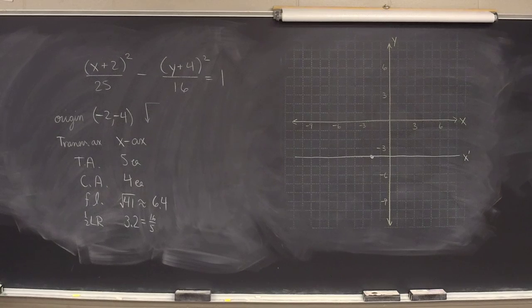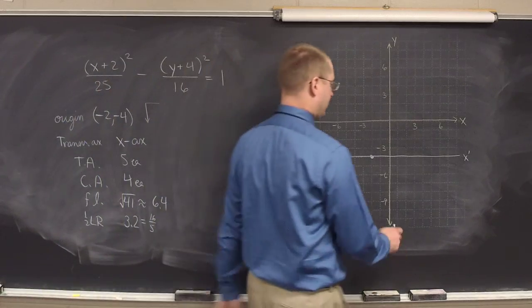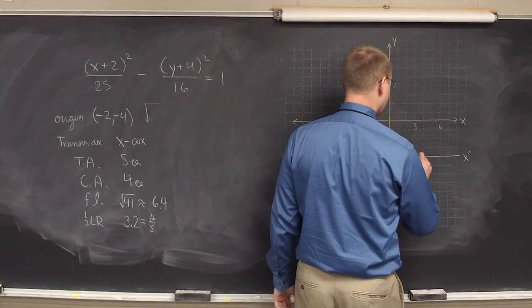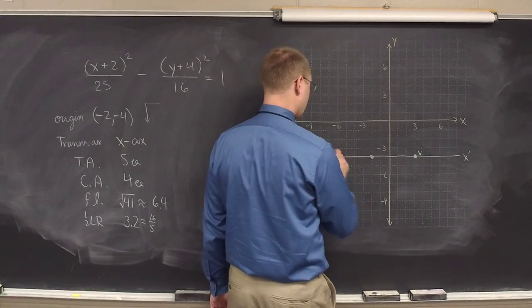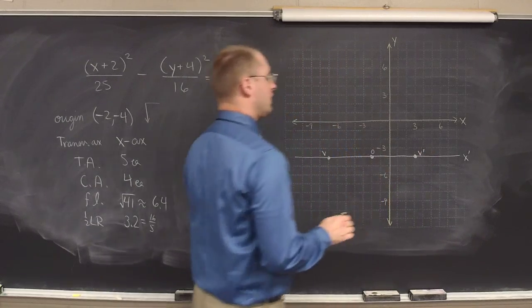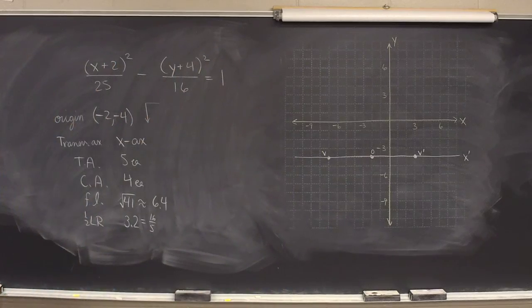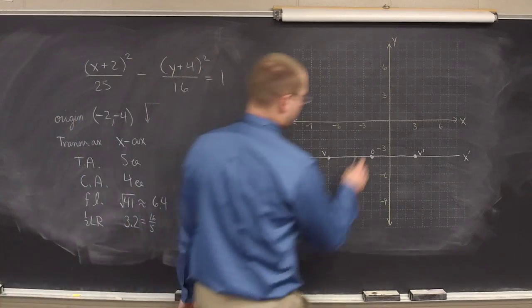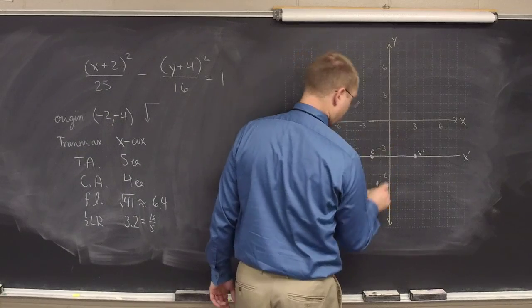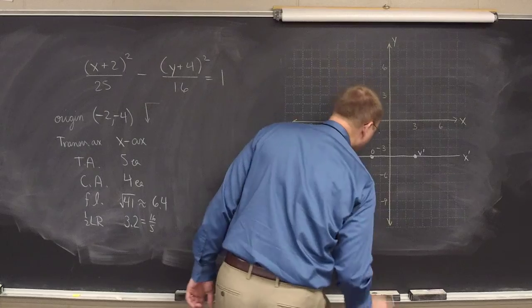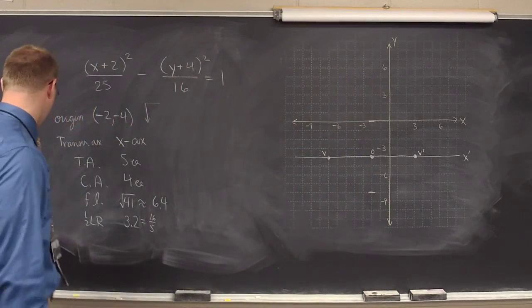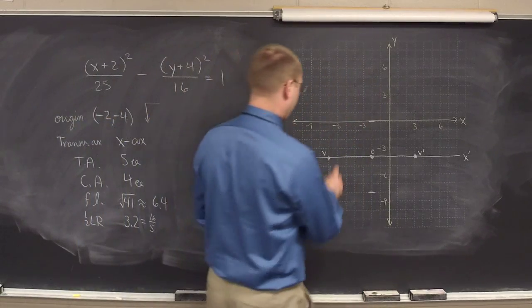Along the x prime axis, let's go to the right and left 5 to my vertices. And we'll go up and down 4. And here we'll just do a little mark like that and like that to help me visualize the corners of the fundamental rectangle.